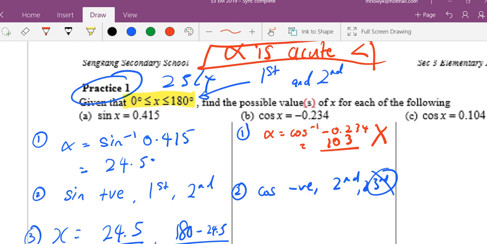So if I use my green pen, yes, then you will ask me, teacher, very stupid. Okay, I explain the stupid thing later. Now, can you write down alpha? Alpha equals cosine inverse 0.234 equals 76.46.